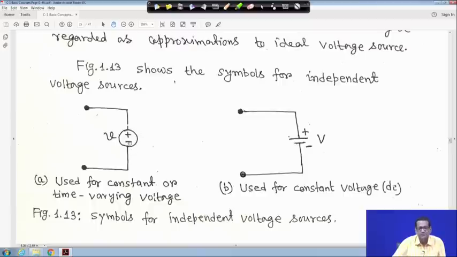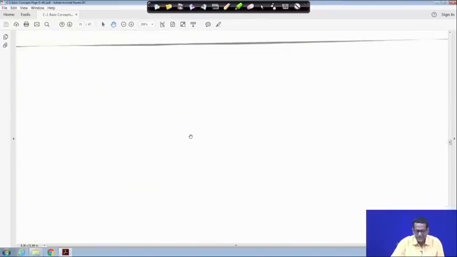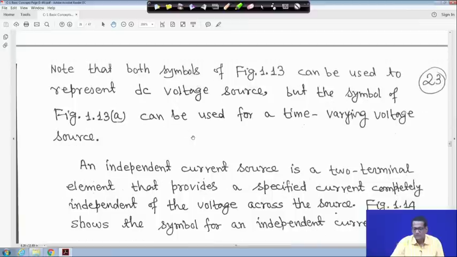So, if you use this symbol it is absolutely correct, and if it is pure DC, this one can also be used. These two are symbols for independent voltage sources, and the circle symbol can be used for DC as well as time varying voltage sources.